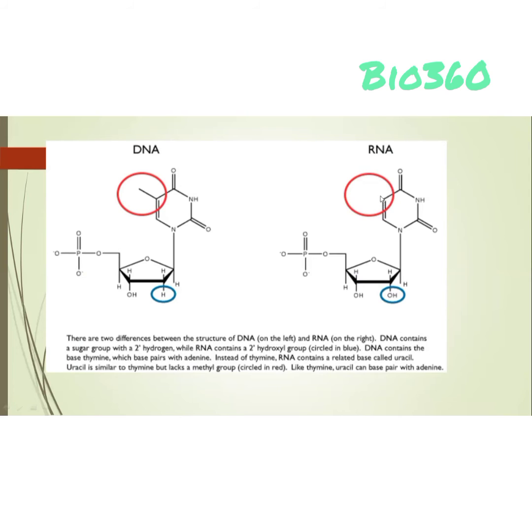This is uracil. The difference between uracil and thymine is that thymine contains an extra methyl group which is not present in uracil. So in DNA, the nitrogen base is always thymine, but in RNA, no thymine, there will be uracil.